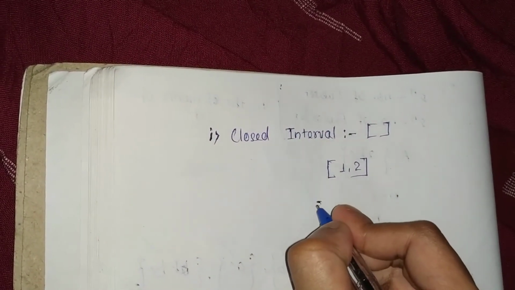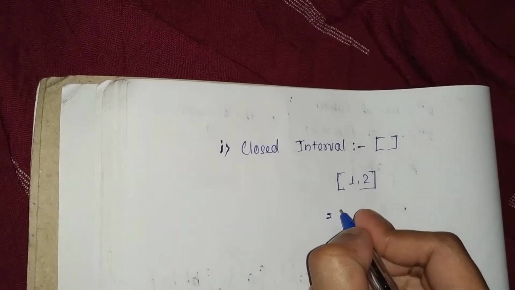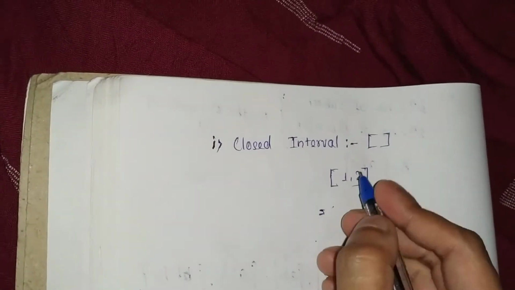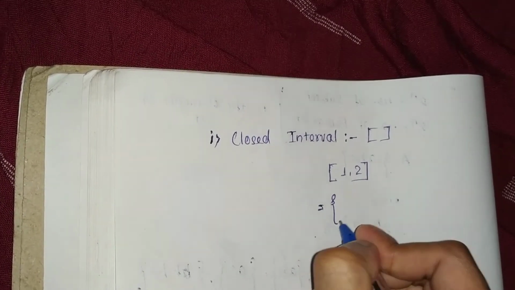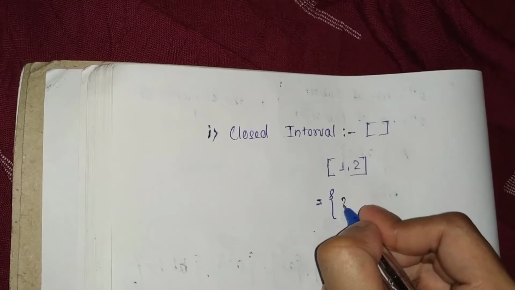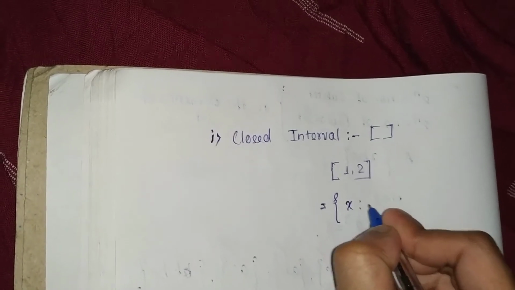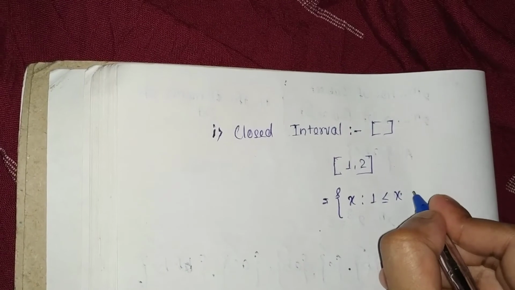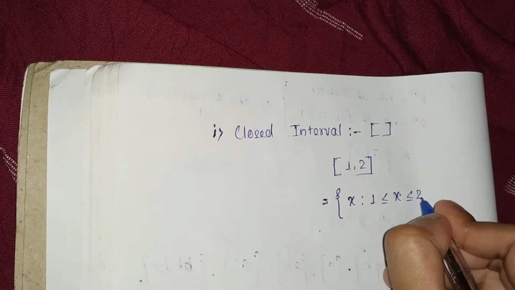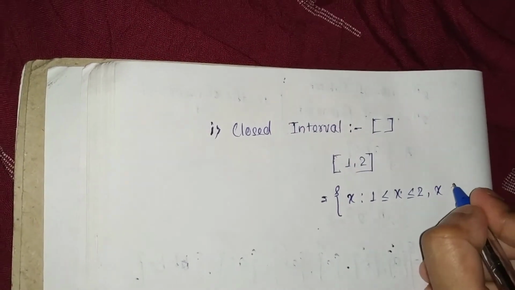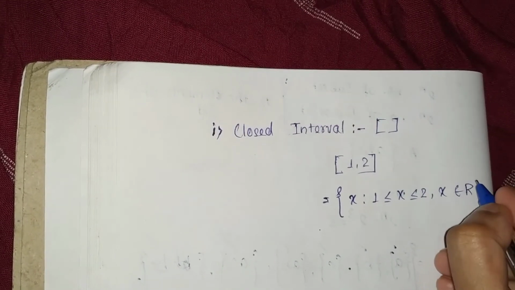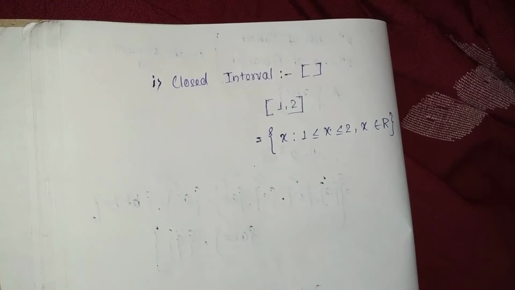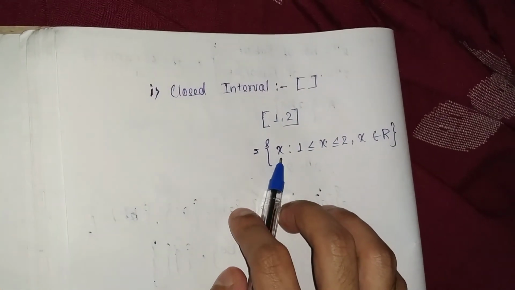We can write this in set builder form. We can write this as x such that 1 less than or equal to x less than or equal to 2, x belongs to capital R. What does it mean? x is an element of a particular set.